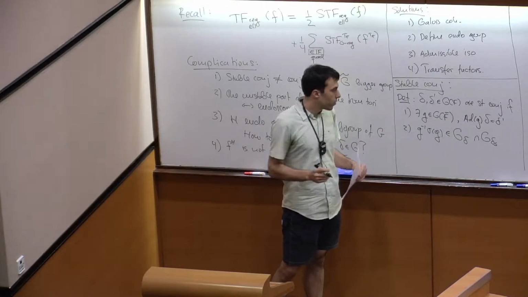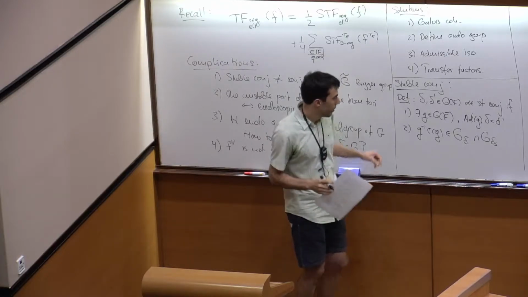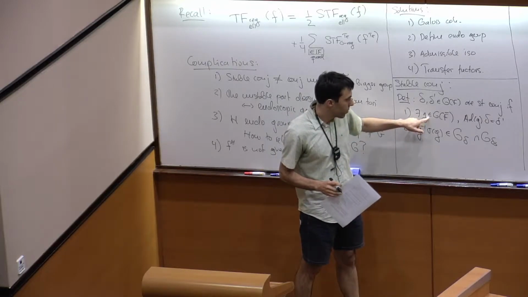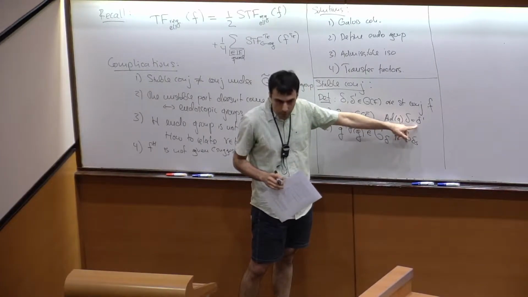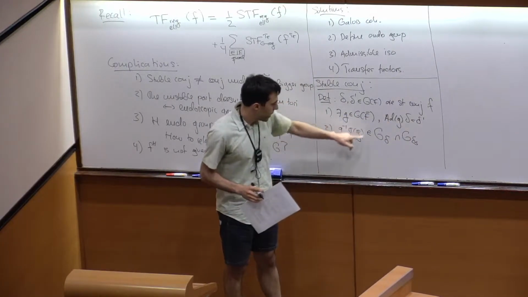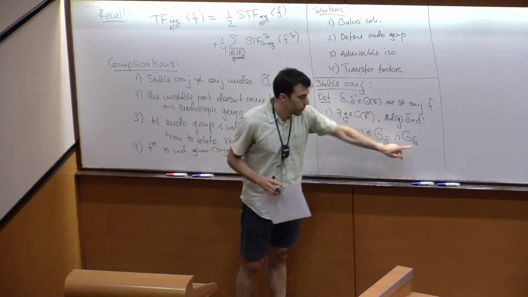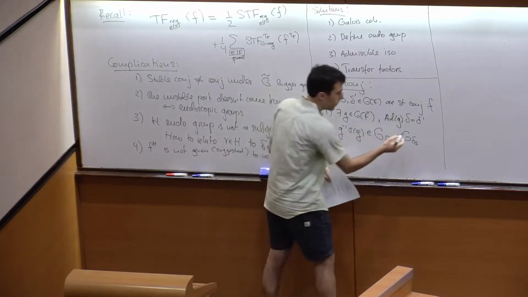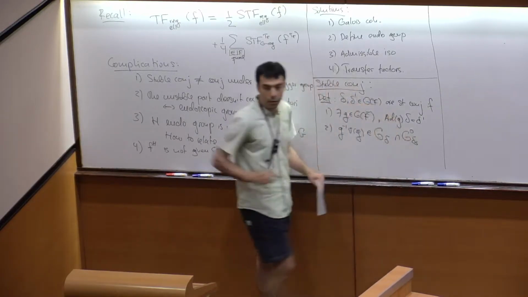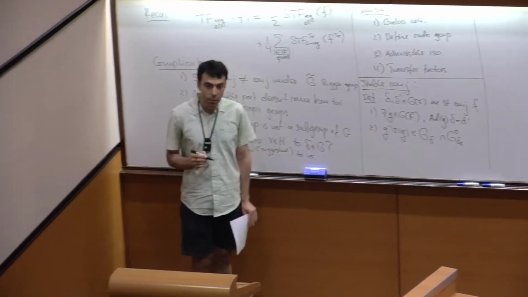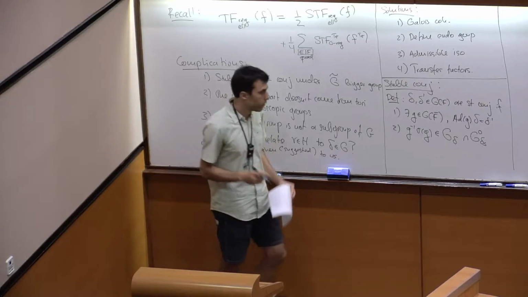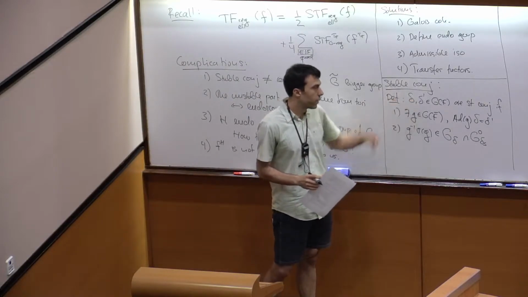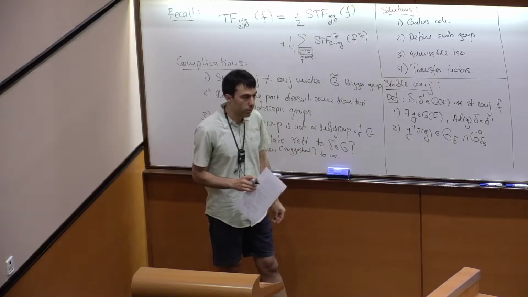Just by the way Jordan decomposition behaves, this element g is going to conjugate the semi-simple part of delta to the semi-simple part of delta prime. And so this element here is going to preserve the semi-simple part of delta prime, but it may not lie in the connected component of that group, and this is what we enforce. So under these two assumptions, we say that these two elements are stably conjugate.